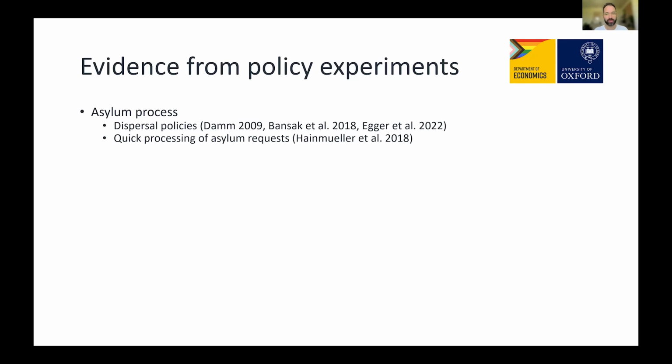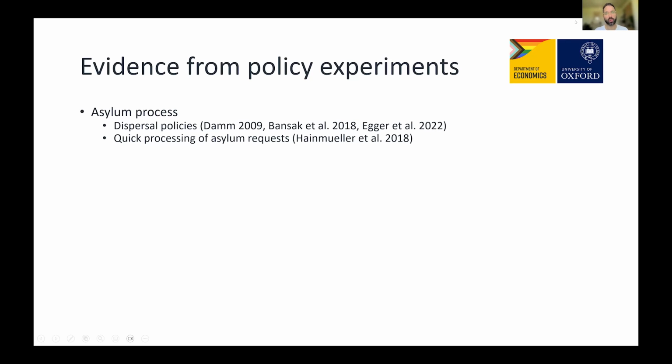And what all of these papers have found is that this is detrimental to refugees, because they're often sent to labor markets with low opportunities, to places where they're the first Syrian that's ever been there, and they find it very hard to make local connections and find the social support that they need. And they show that if you let refugees choose a bit more where they want to settle, that would potentially bring quite large gains.